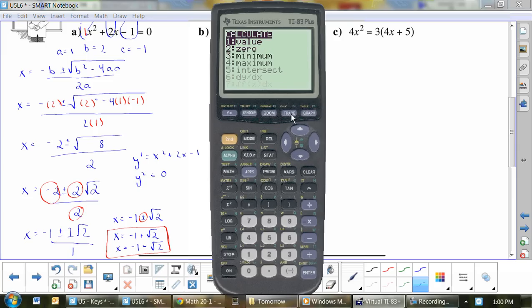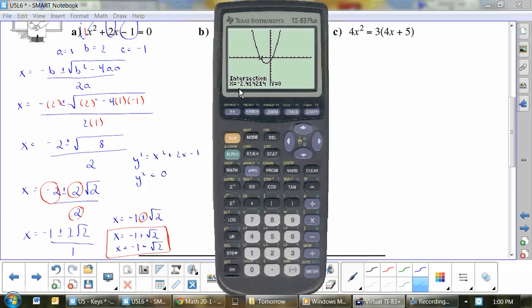Okay, so second trace. Okay, and then intercept. Okay, and so let's do this curve that's on the left. Okay, so enter 3 times. Enter, enter, enter. So we get -2.41. So the second quit, or second mode.